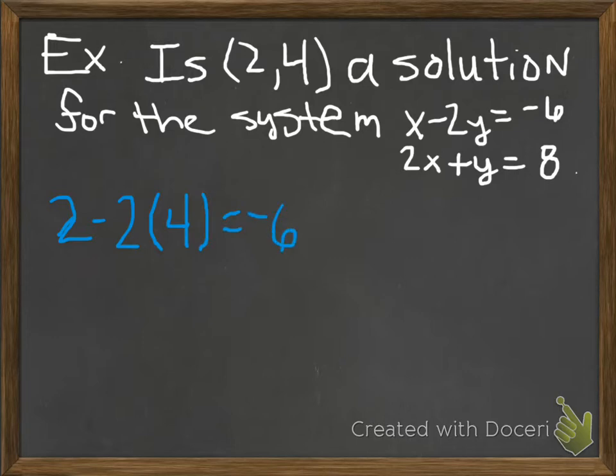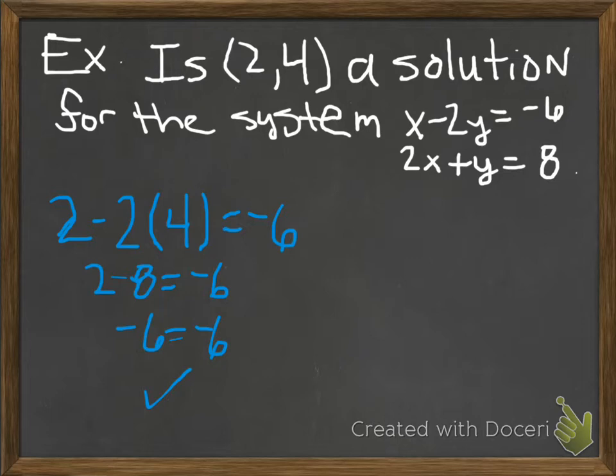Put in the 2 in place of the x and the 4 in place of the y. 2 times 4 is 8. 2 minus 8 is negative 6. So that point is a solution for that line.